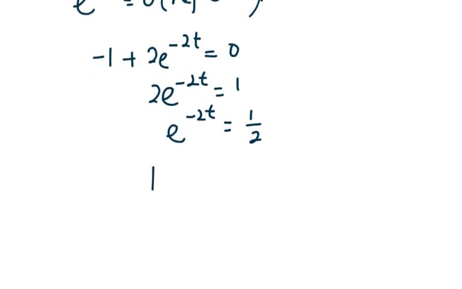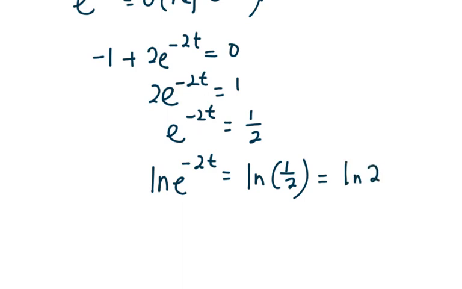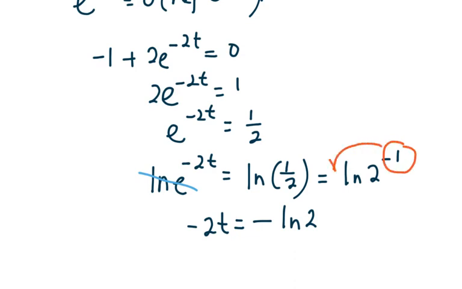Moving on to next. Adding ln to both sides, you will get ln of e^(-2t) equals to ln of 1 over 2, or it can be written as ln of 2 to the power of negative 1. With this, ln and e can be cancelled off, and you are left with negative 2t equivalent to negative ln of 2, because as per the logarithm law, we can bring the negative forward.